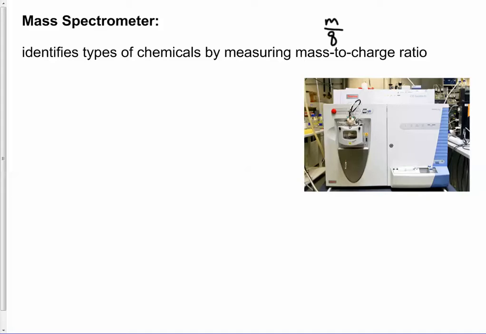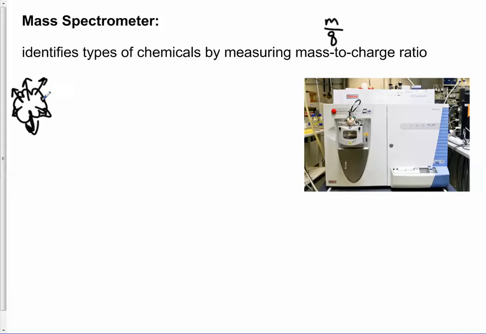Okay, so how does it work? How does it know what the M divided by Q is? So you take your unknown substance, and you do something to it to make it eject bits of itself, charged bits of itself, and so it's going off in all directions.